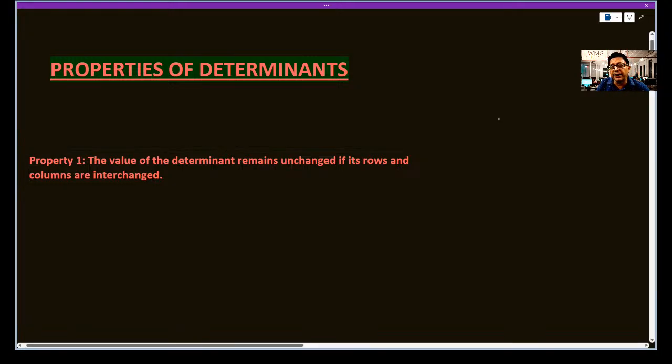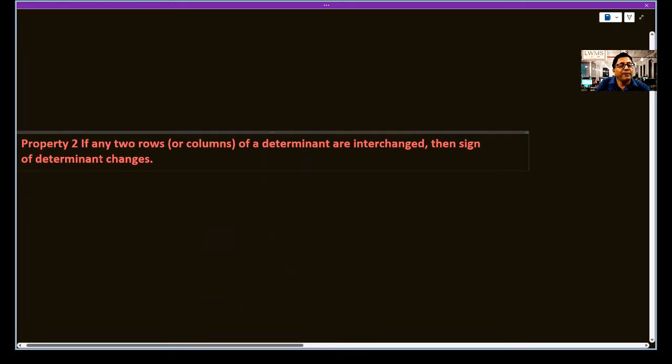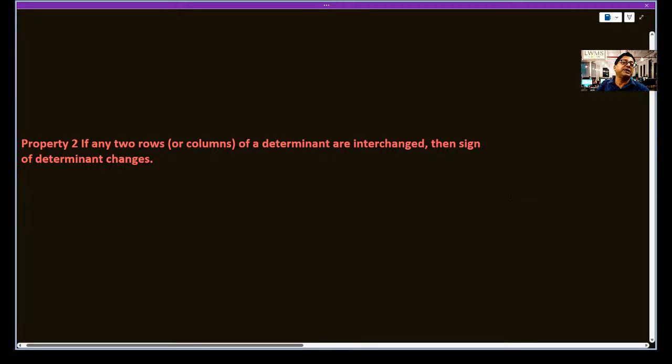The transpose of a determinant has the same value as the original determinant. Property 2: if any two rows of a determinant are interchanged, the sign of the determinant will change.